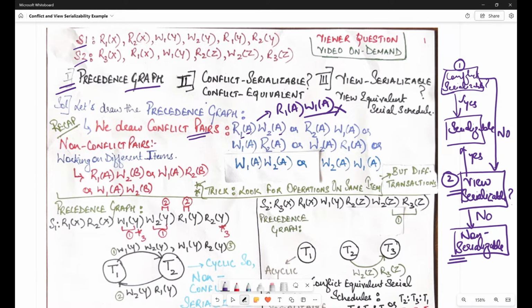Let's say R1 read an old value and W2, basically T2, has updated the value of A. Then T1 should not perform any additional operations without reading the correct, updated value of A. So either we can undo or roll back the W2A operation, or we should perform R1A again so that all the further operations of T1 are performed on the correct value.